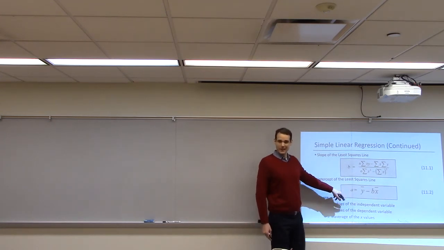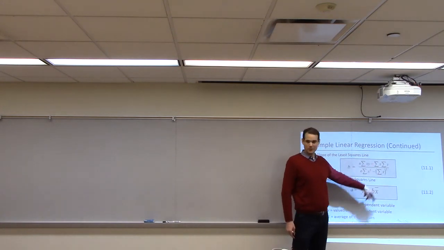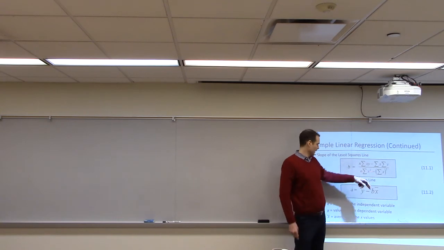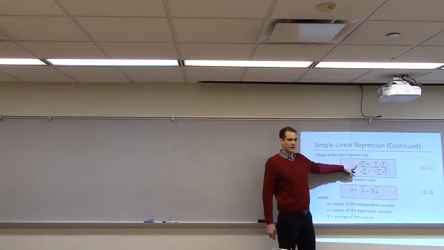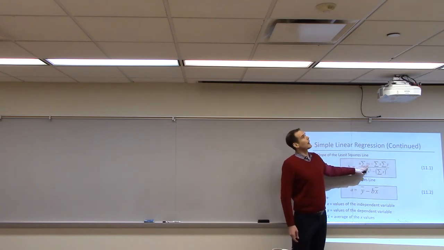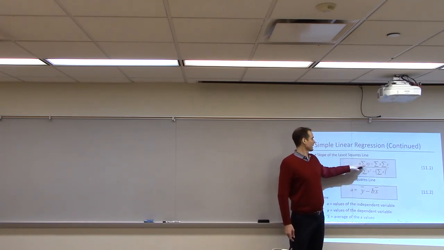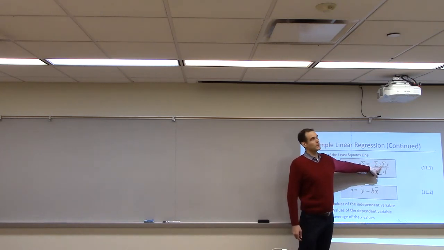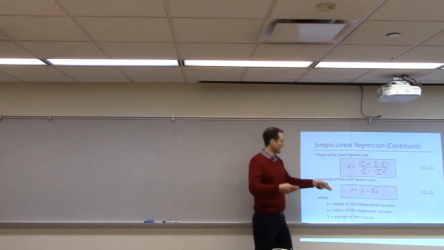And surprisingly, it's not that hard. When I first taught this class a few years ago, I did those early problems and figured it out without Excel, with just a calculator. N is the total number of your sample. We had 6 samples. For each, you multiply the hours of study times the grade, add those all up, minus the sum of the hours of study times the sum of the grades.